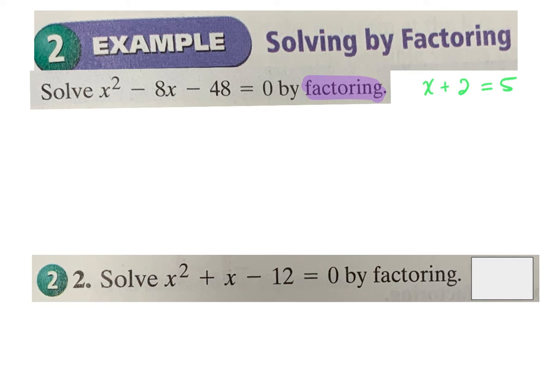We're going to look at factors of negative 48 that give us negative 8 when we add them up. And so we're going to look at all the factors of 48 and figure out which pairs will work. What two factors of 48 will multiply to give you a negative 48 and subtract to give you an 8?